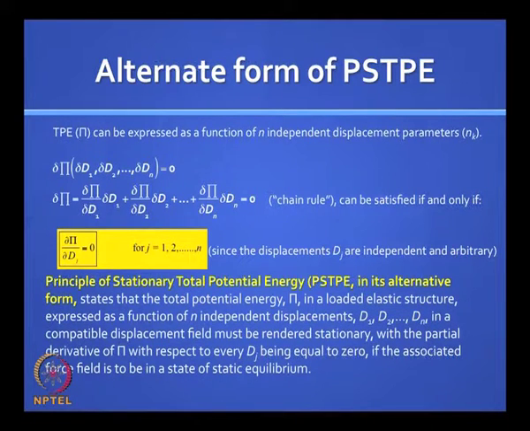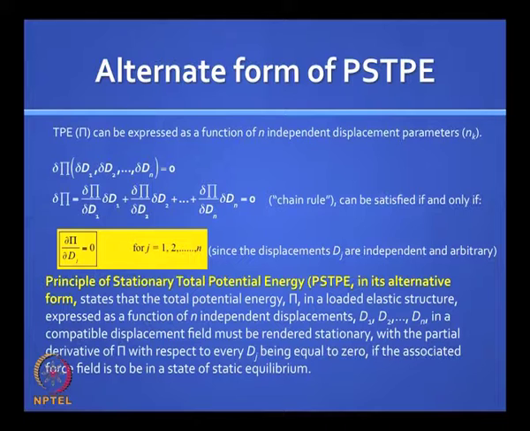And in this form, that same theorem says that when pi is expressed as a function of independent displacements d1, d2 etc. in a compatible displacement field, it must be rendered stationary with the partial derivative of pi with respect to every dj being equal to 0, and this happens if the associated force field is to be in a state of static equilibrium. Now the word stationary in calculus refers to a point of inflection, okay.